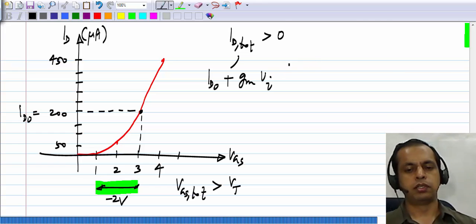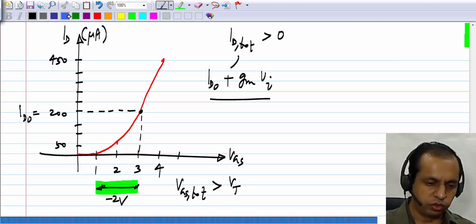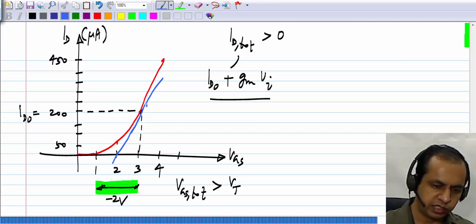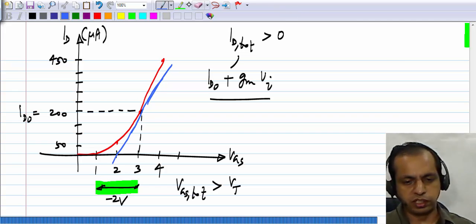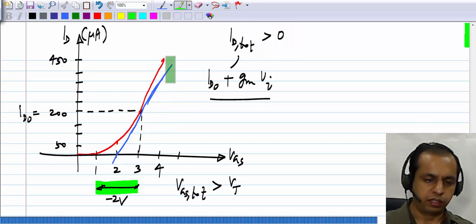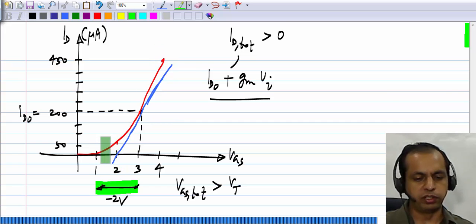In other words, when we say that the total drain current is this, we are really using the tangent to this curve at the operating point. When we say that the total drain current is more than 0, we are utilizing this tangent and looking at where the tangent goes to 0, not where the original ID-VGS curve goes to 0.